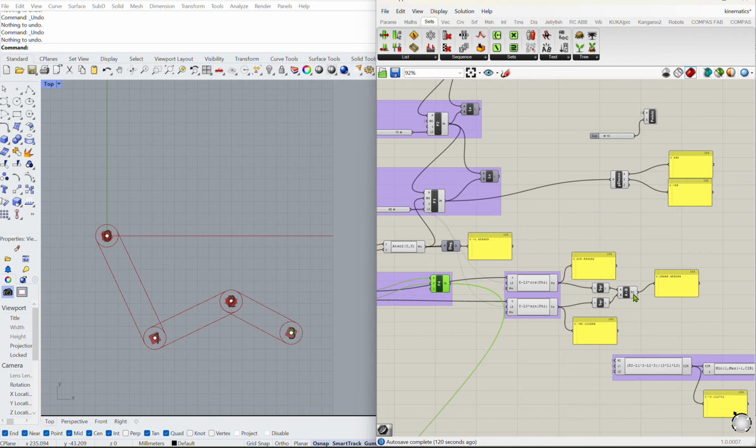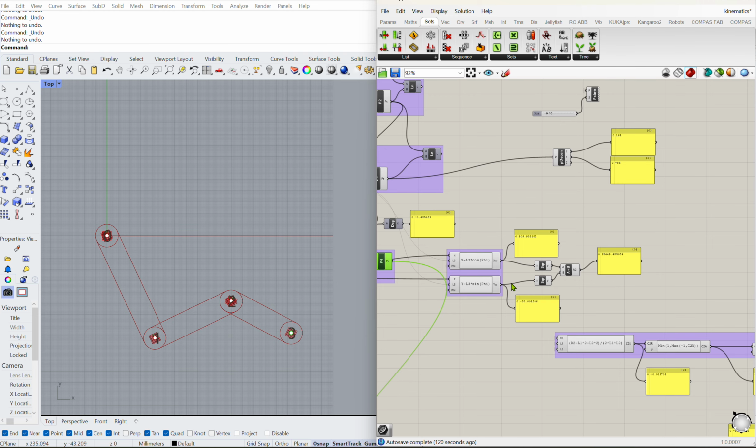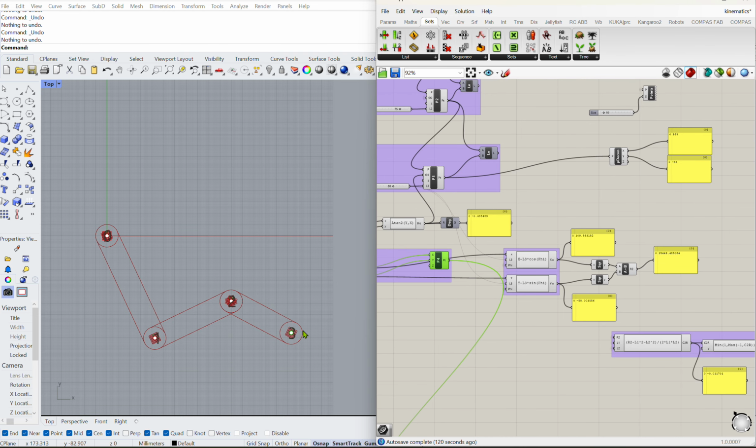So R2 defines the orientation. That's the attitude. Is it pointing up or pointing down? So if we were to change this to negative, it would drop 0.2 down below here, so that would be pointing up, and the attitude of the third segment would always be in the upward position as it's seen on this 2D plane.